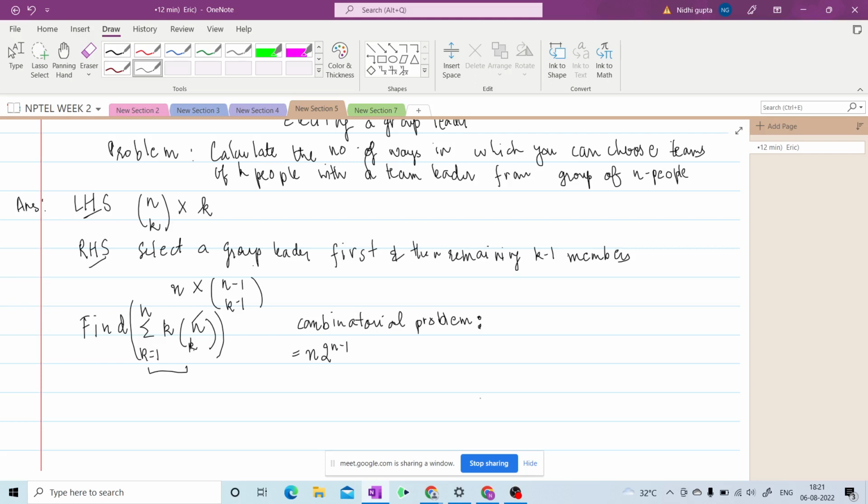So we can view it as a combinatorial problem, like choosing a non-empty team with a group leader from n people.